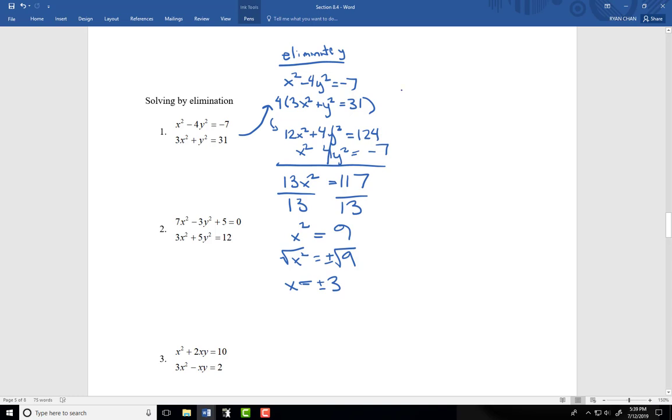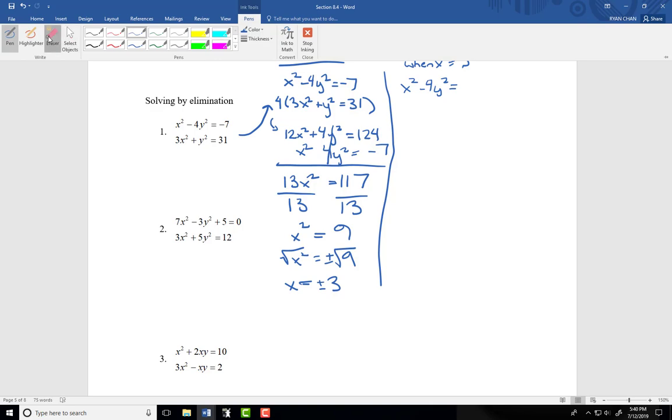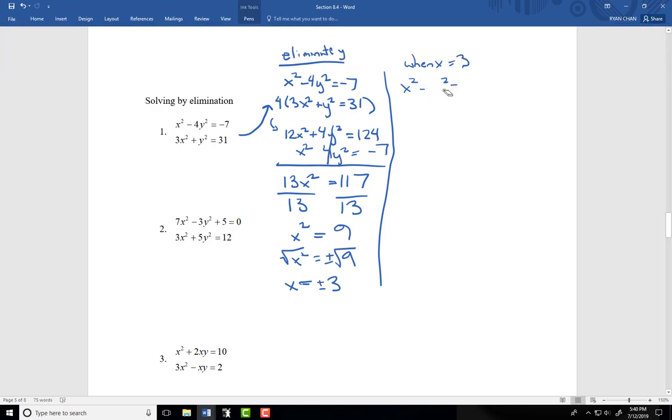So when x is equal to 3, we can plug it into the first equation, right? So I have x squared minus 4y squared is equal to -7. Sorry, let me deal with this.